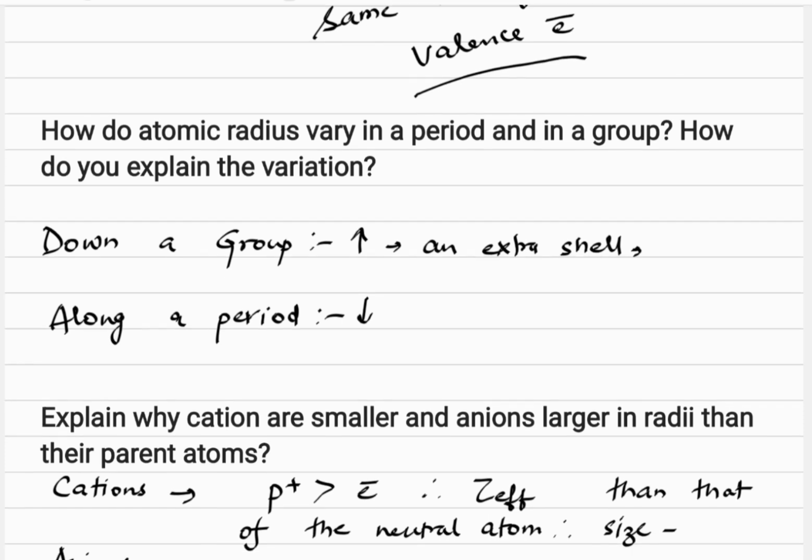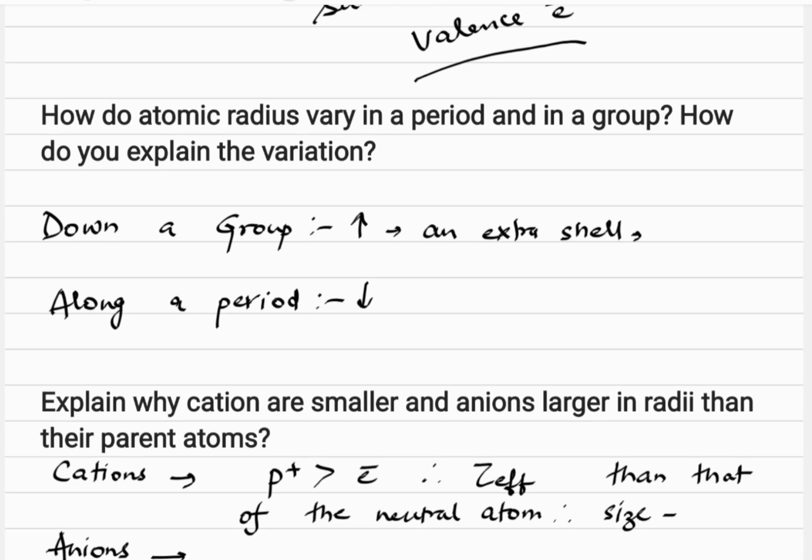Along the period, the size decreases because the incoming electron gets added in the same shell. That means the distance from the nucleus doesn't change. The distance from the nucleus remains the same.